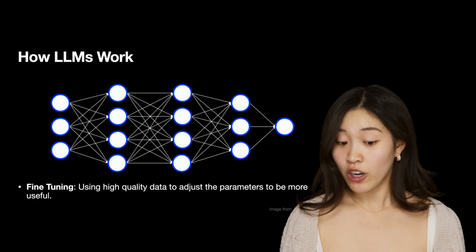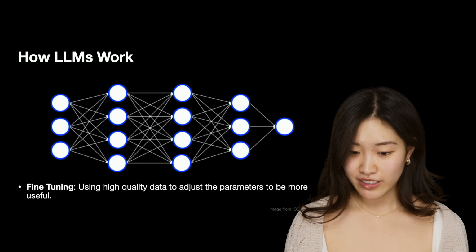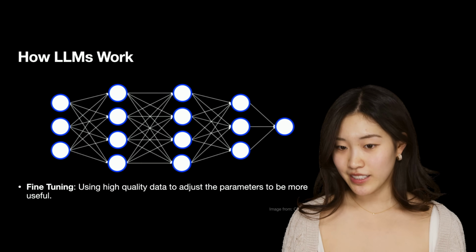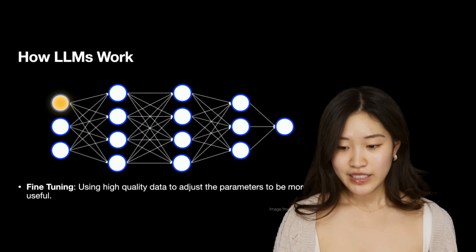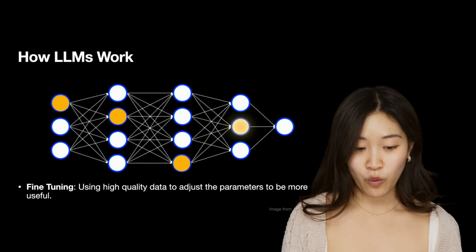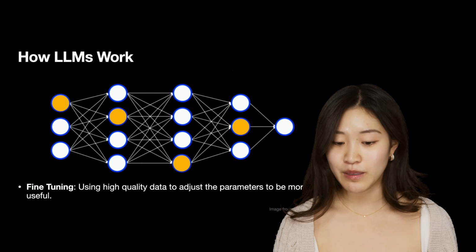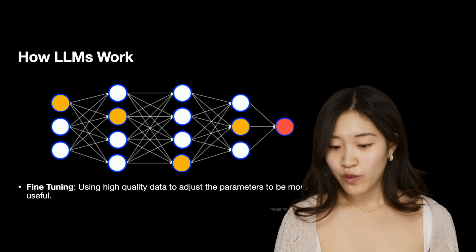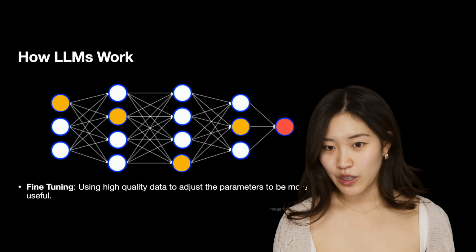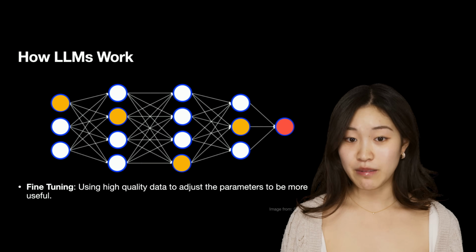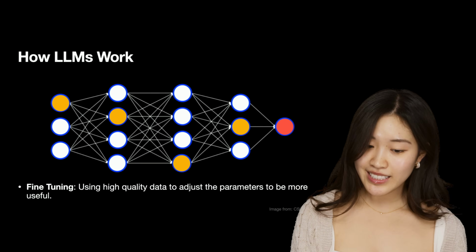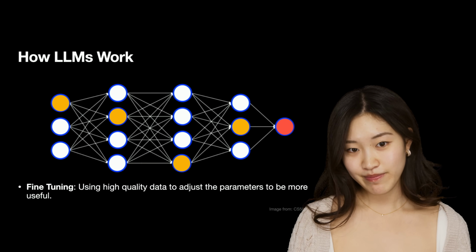And by training on large numbers of these question and answer pairs, the model gradually adjusts its internal parameters so that when it sees a question or an instruction, it has learned to predict more relevant and context-appropriate responses rather than just continuing text. So in other words, fine-tuning takes the model from continuing sentences to answering questions.